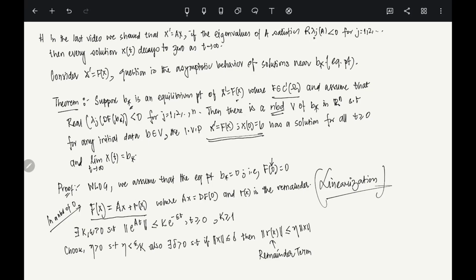Then the solution exists for all time t. It has to be, otherwise you cannot trap it in a compact set. So if this problem is not solvable for all t, so the trajectory does not exist for all positive t, then the solution of this problem must leave the ball B(0, delta) bar.